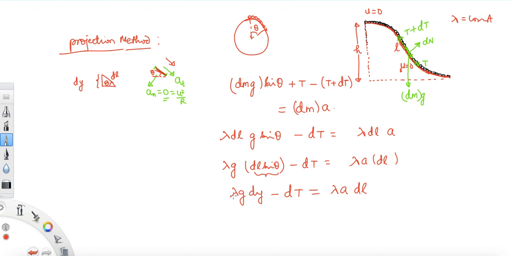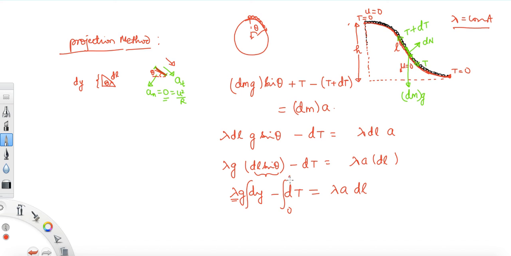When we integrate, lambda g integral dy, where lambda g is constant because the mass per unit length is constant, and then integral dT. Here tension is zero and here also tension is zero. At both endpoints the tension is zero because there is no other element: for one end there is no element towards the right, and for the other no element towards the left.